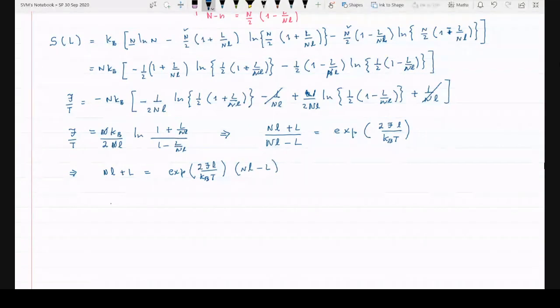So we have L times 1 plus e to the power 2FL by kBT is equal to NL times e to the power 2FL by kBT minus 1.